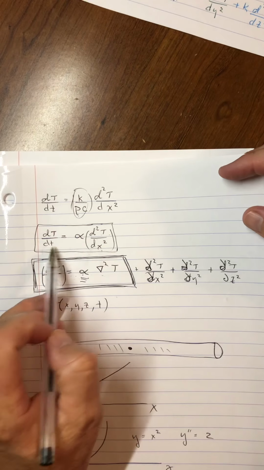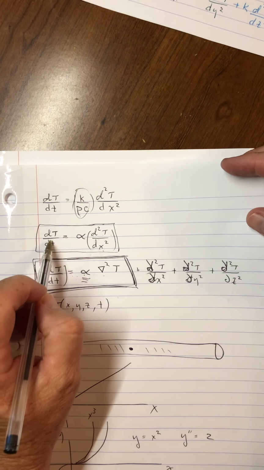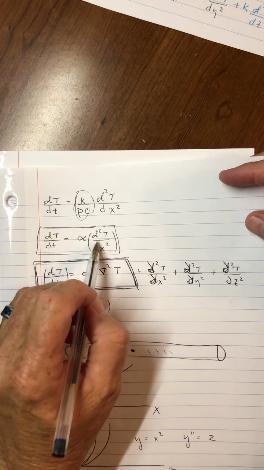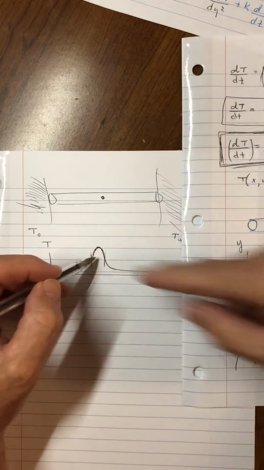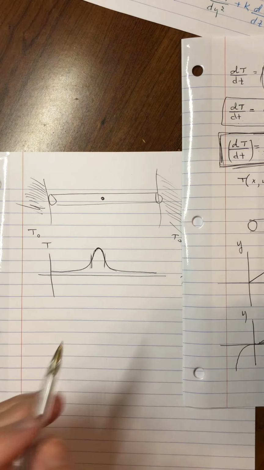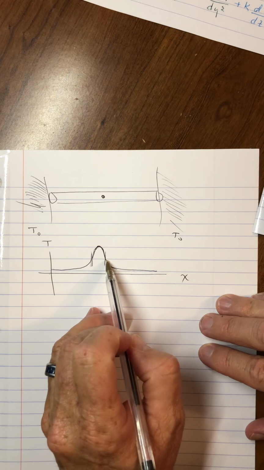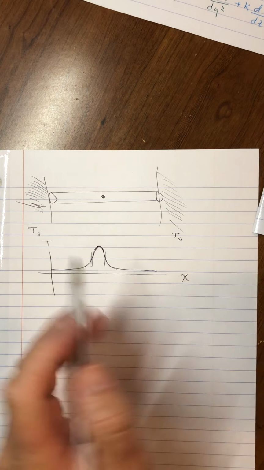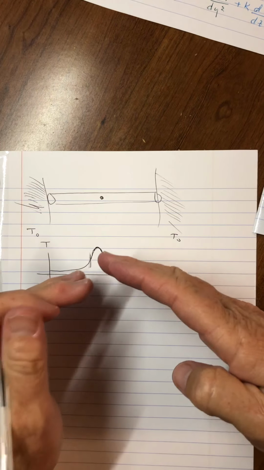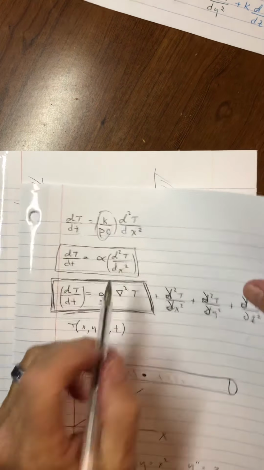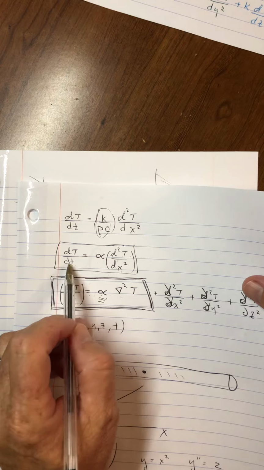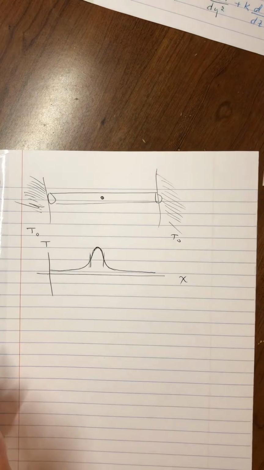So looking at this, I would say that where the concavity is negative, right here, this is going to decrease in temperature. But over here, where the concavity is positive, it's going to increase in temperature.